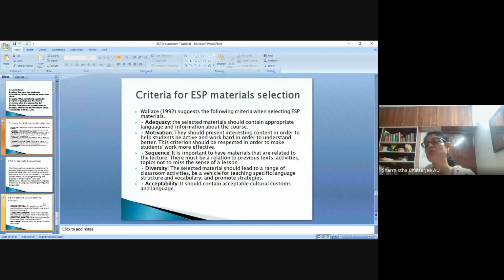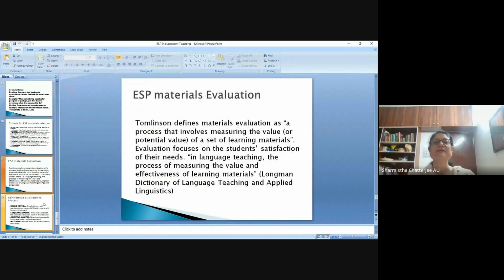But if you can make room for your learning and their learning of communication skills, adequacy, motivate them, motivate yourself, keep a sequence, keep diversity, innovate, please, be original, okay? And use acceptability, something which is culturally very, very appropriate and acceptable, right?